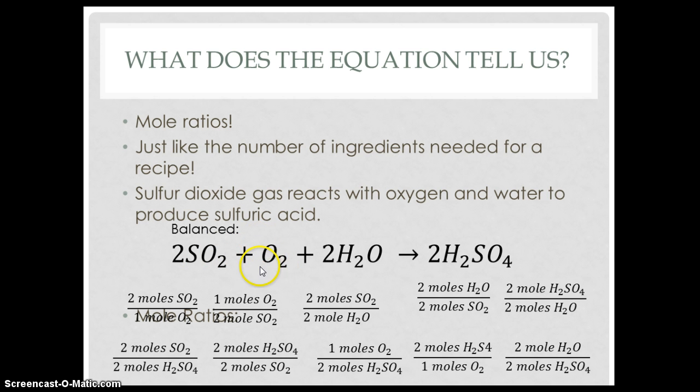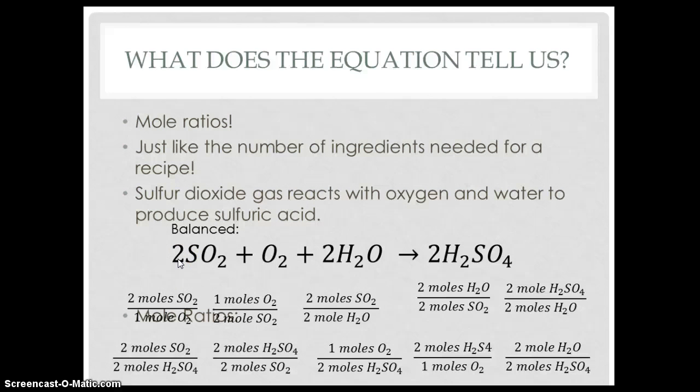If there's nothing written in front, we can still assume it's 1, that's fine, plus 2 moles of H2O, or water, yields or produces 2 moles of H2SO4. So now I have to work with this stuff in the lab, I have to see it, so I need to make sure I'm representing enough pieces so I can see the stuff. So think of these numbers in front now representing the number of moles of that compound.